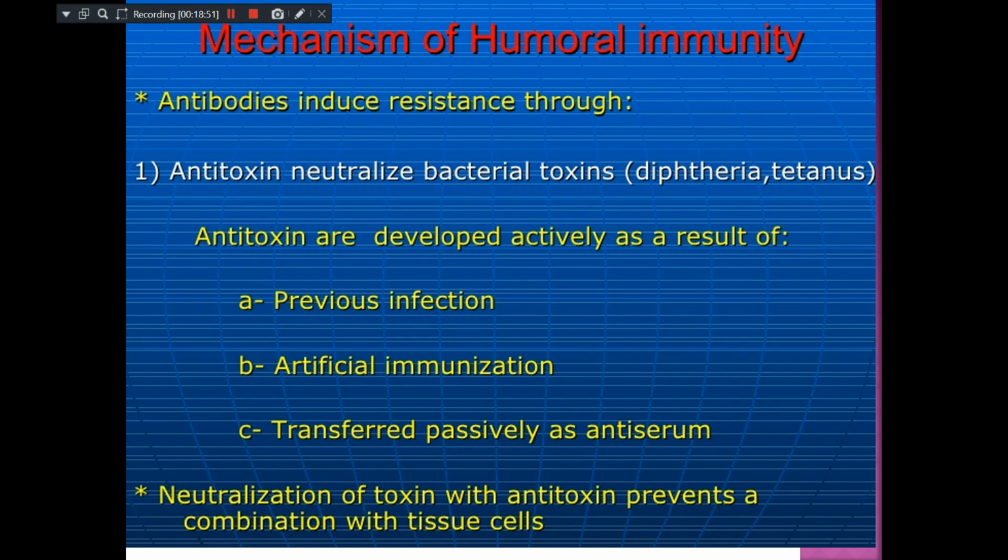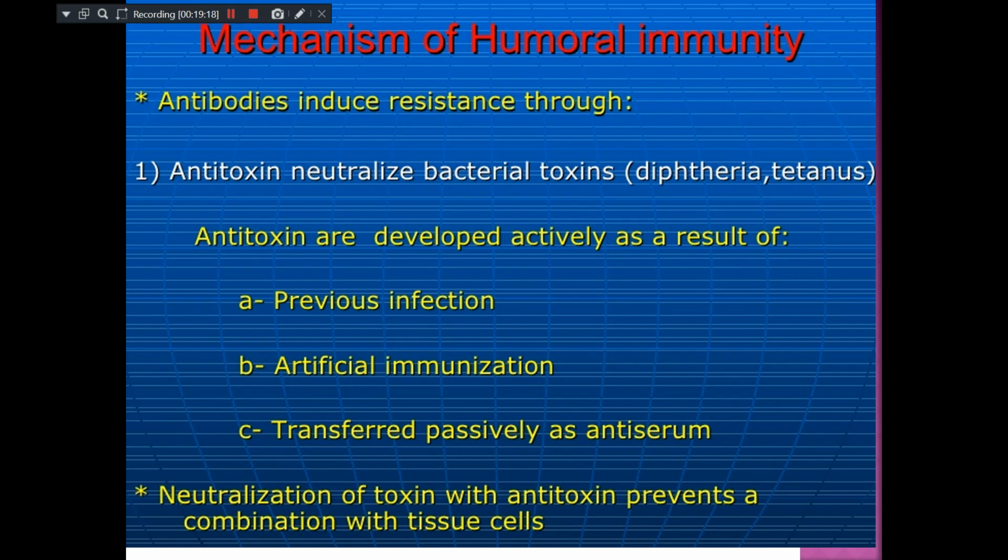Now you may ask how these antitoxins are developed. Antitoxins can develop because of three reasons. One is previous infection. If there is a previous infection, then immediately the memory cells will have the record of that infection, and immediately they will start producing the antitoxin. So that's the reason.